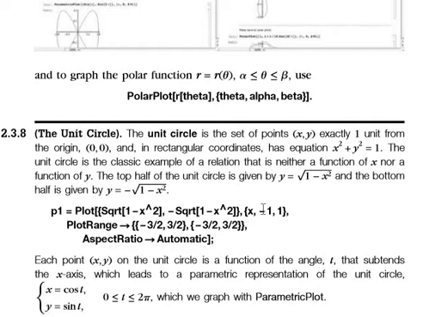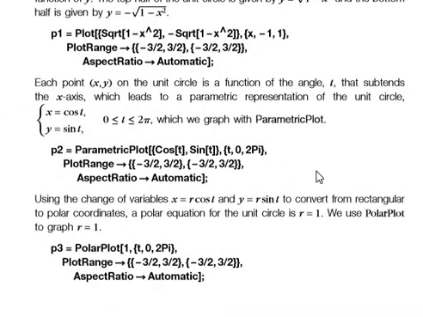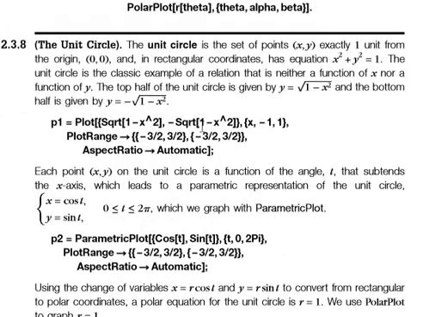Similarly, we can see the function y equal to 1 minus x squared, or y is equal to this one. We want to plot this equation. P1 equal to Plot, square root of 1 minus x squared, comma, minus square root of 1 minus x squared, and close.